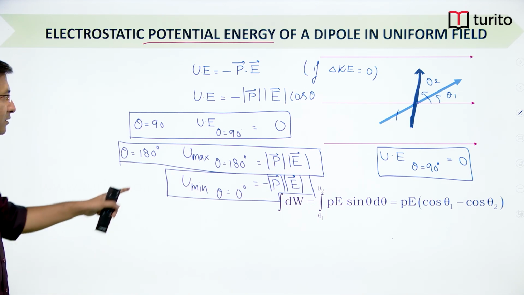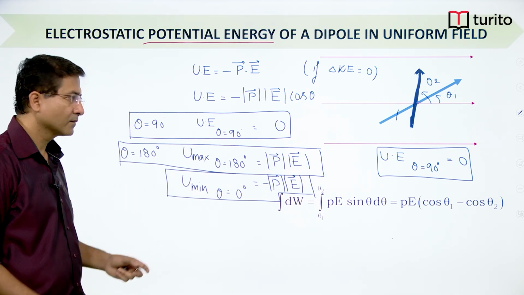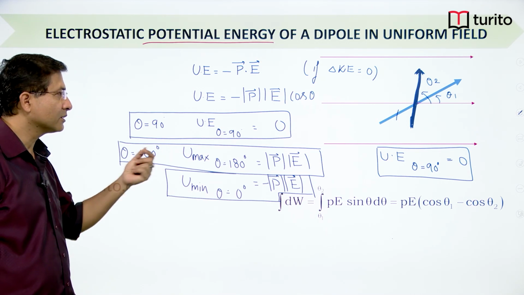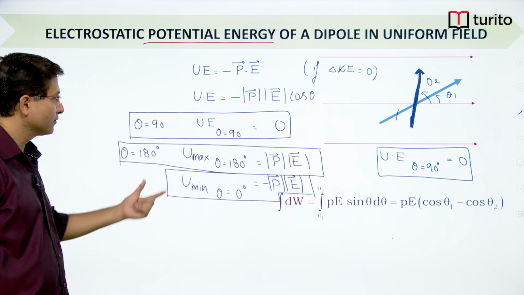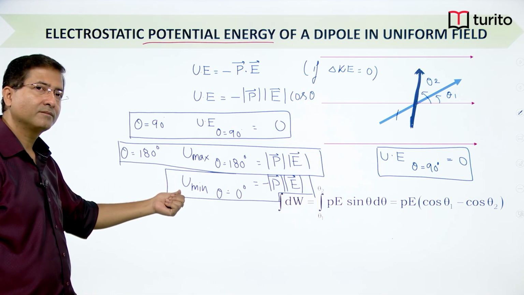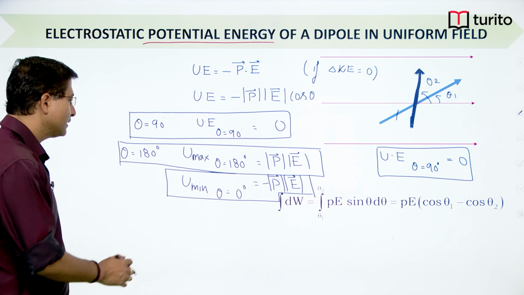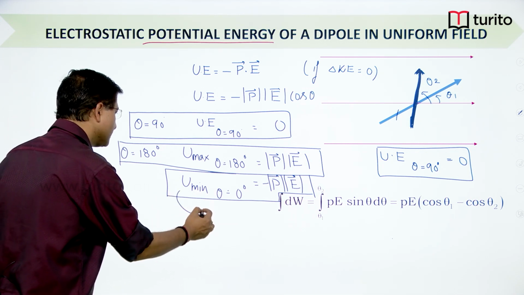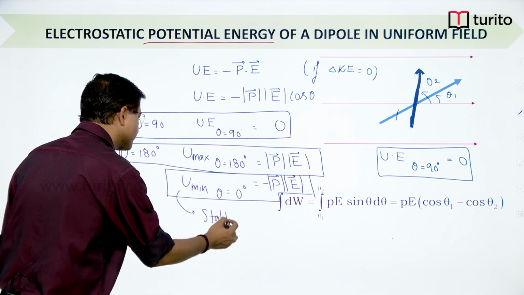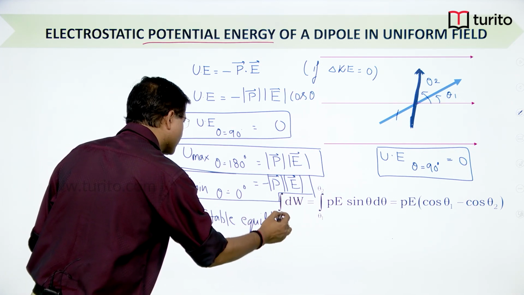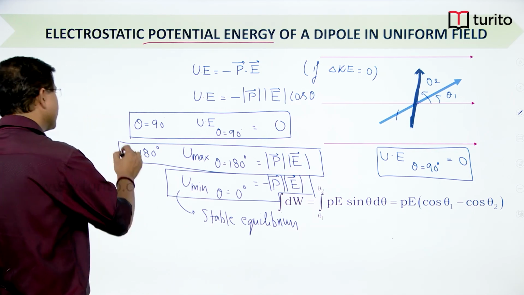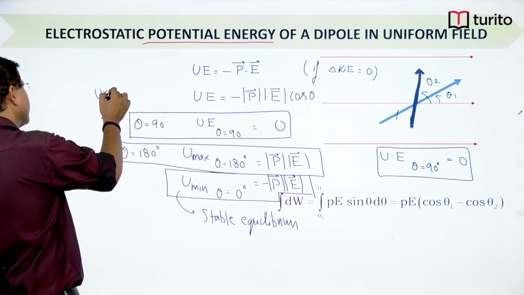Now this position, where potential energy is maximum, is unstable equilibrium, and this is called stable equilibrium, right. So this is called stable equilibrium, and this one is unstable equilibrium.